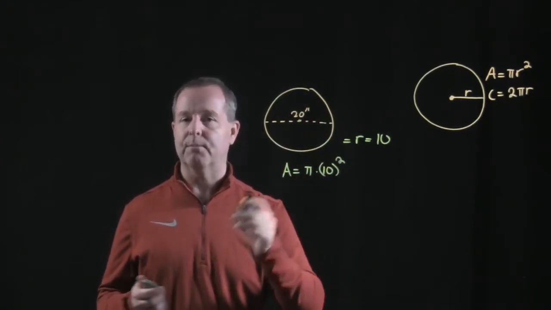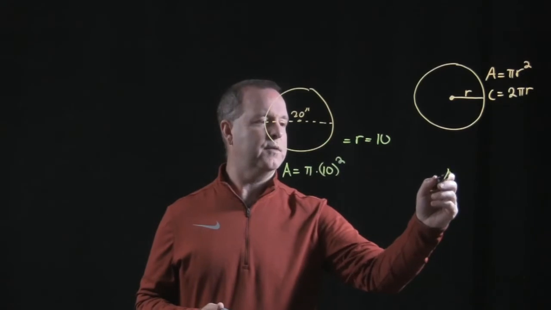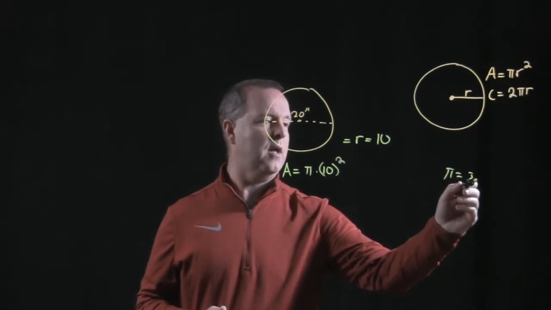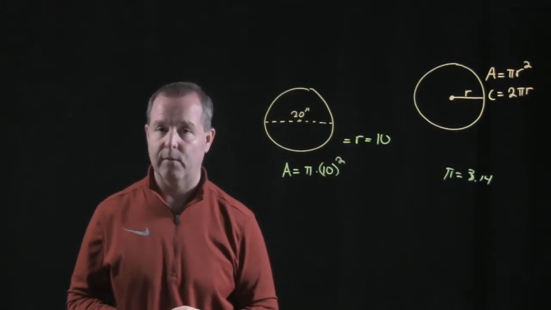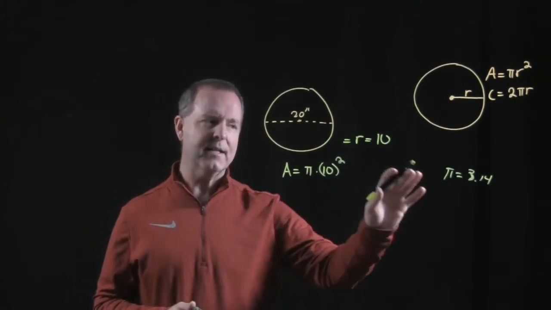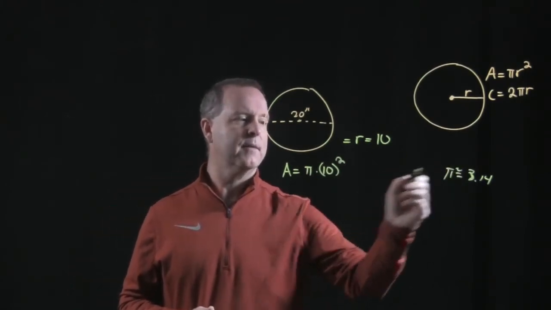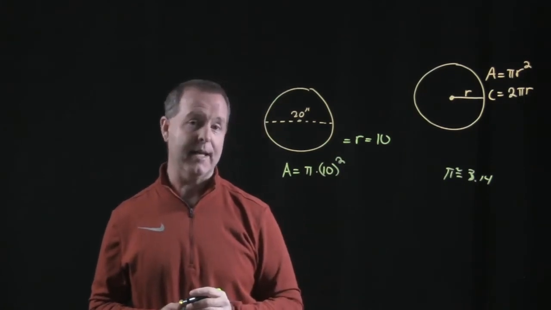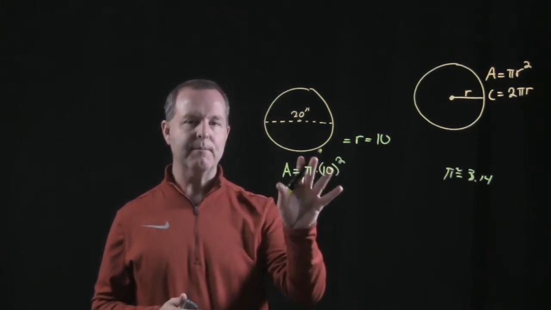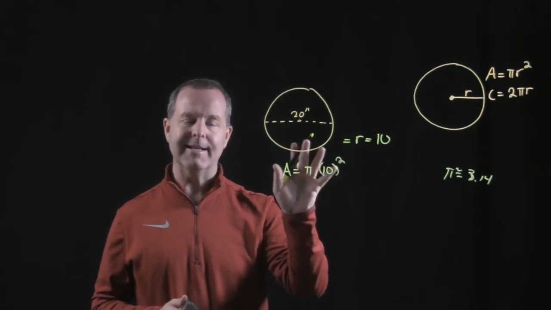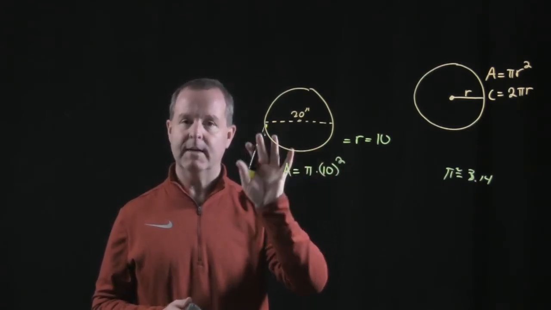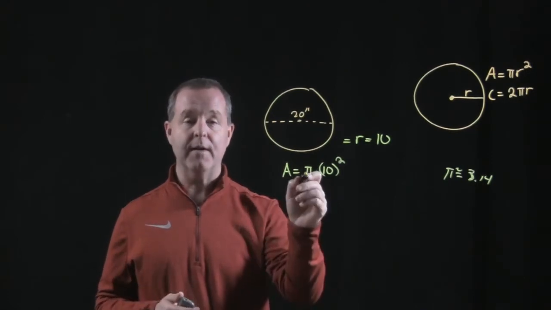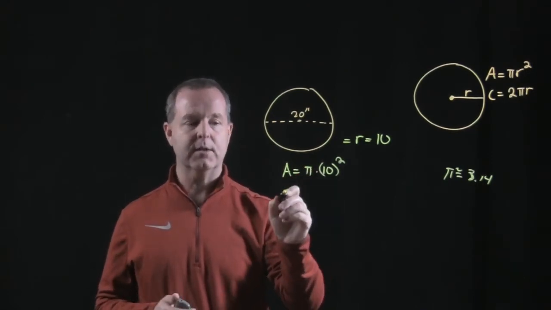Some people have it memorized to a long point, but a lot of times we approximate it to 3.14. However, that's an approximation. That's not exactly what the value of pi is. So when we're solving problems that include pi, it's good to keep that pi term itself as a pi. So rather than inserting 3.14, let's just solve it this way.